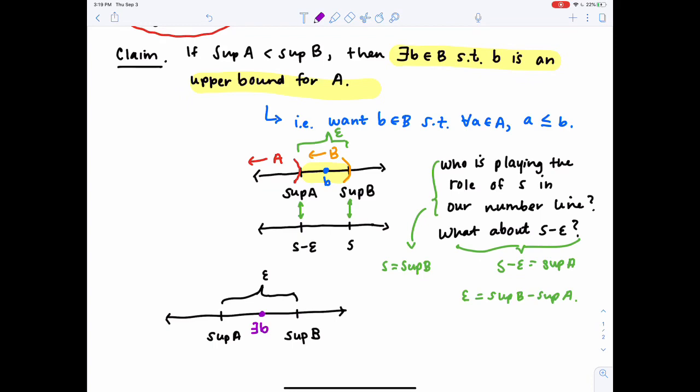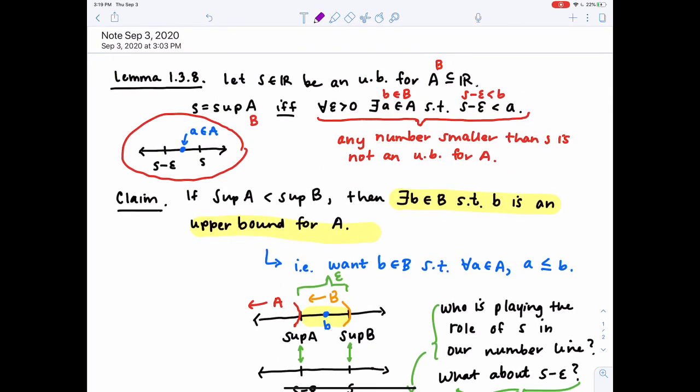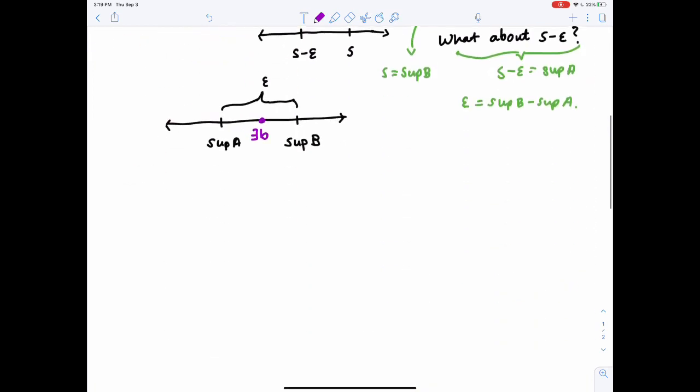Now, we know in our lemma that S is sup B. We're given that we're talking about the supremum of B, which means that's equivalent to knowing the quantified information that comes after the if and only if part. So here's what we know.